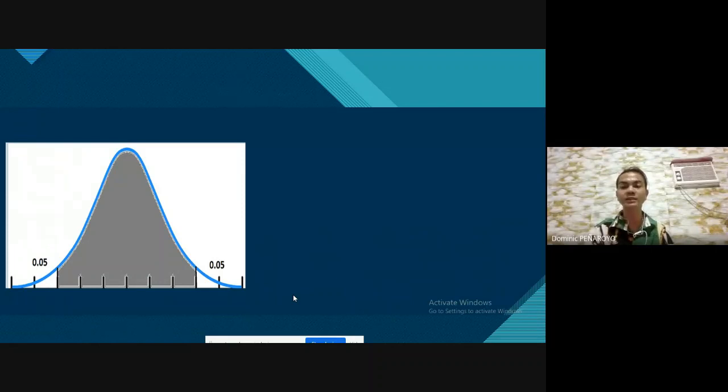That's why we get the alpha over 2, so that we can subtract this from 0.5. We subtract 0.05 from 0.5, and that is the area starting from the mean up until the boundaries.